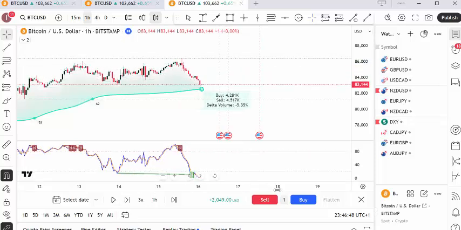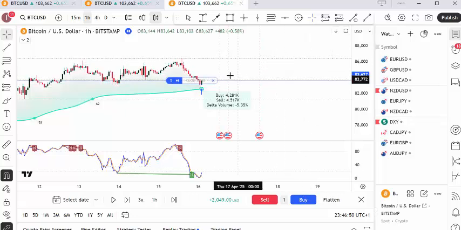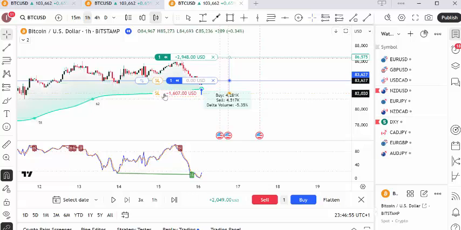Okay, our bullish divergence, bullish trend, TP here, stop loss here.